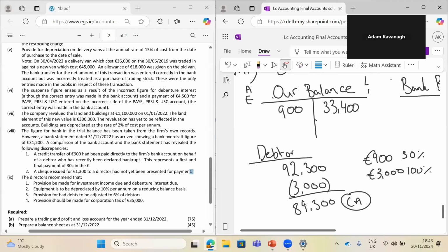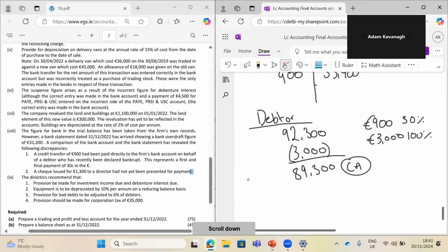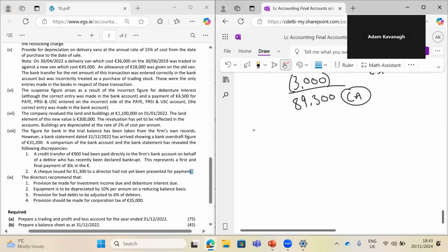So label it CA. So that's the 3,000. We received 900 of it. So how much did we not receive? We did not receive 2,100. And that money that we didn't receive, we're never going to receive it because they're bankrupt. So that's a bad debt. Okay, and a bad debt is a selling and distribution expense.